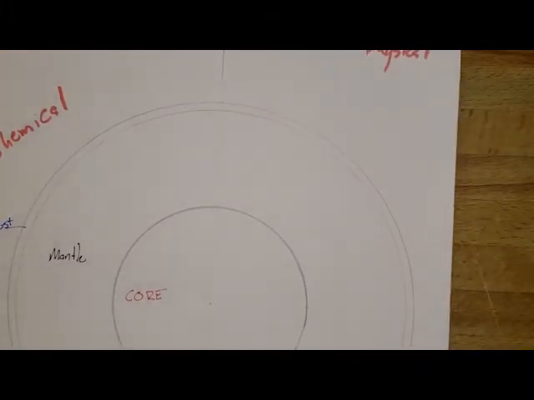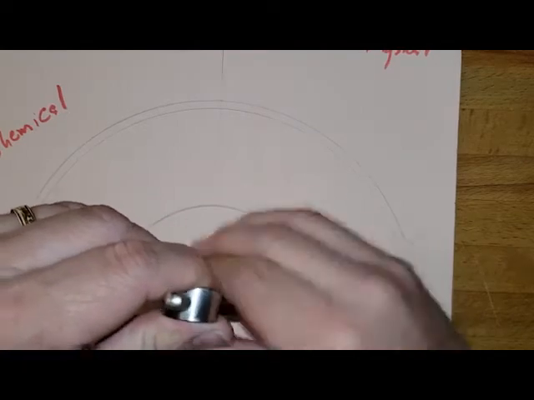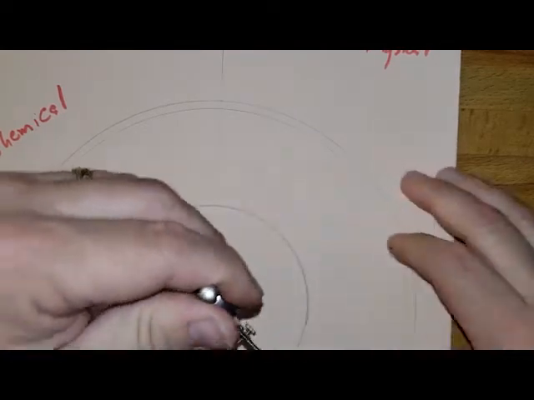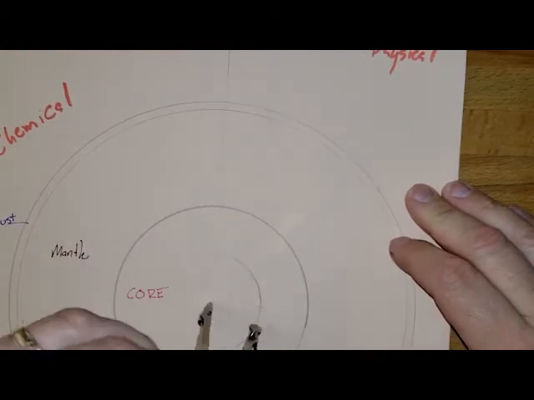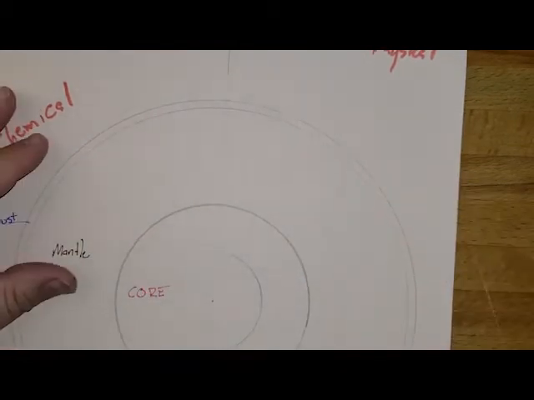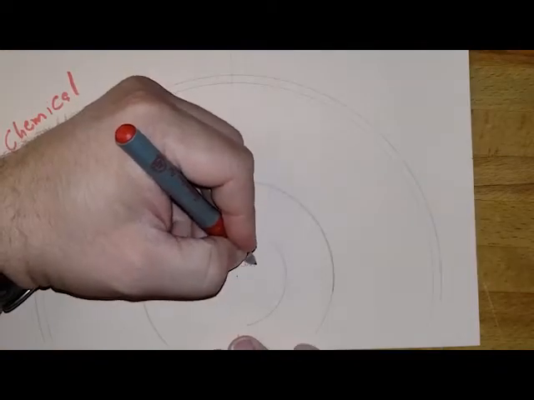So the first thing we need to do is take our core and divide it into two different parts. I'm going to have my inner core and my outer core. One of those is solid in nature, and one of them is more liquid in nature.